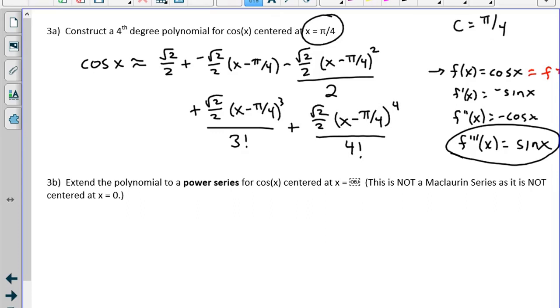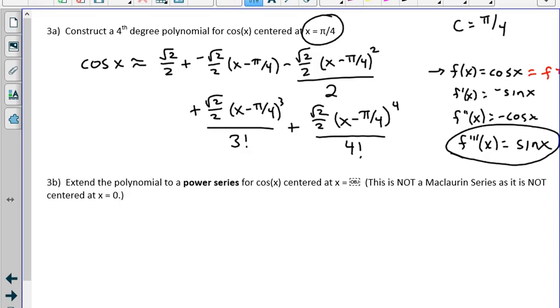That's really annoying. And so that's one thing that you might want to think about when you're doing approximations: this is not very fun. And when we were doing tangent line approximations, we thought the same thing. We wanted to find some value that's easy to calculate all the time. Now, while cosine and sine of pi over 4 are easy to calculate, this polynomial gets really nasty really fast.